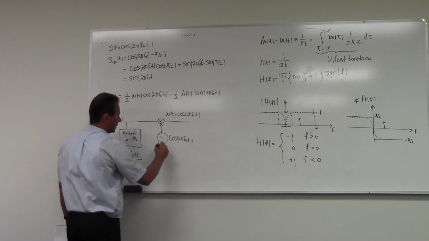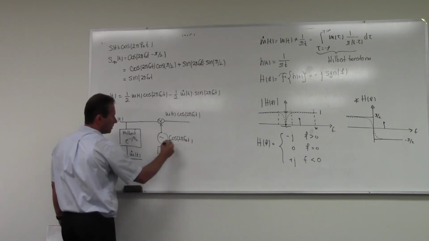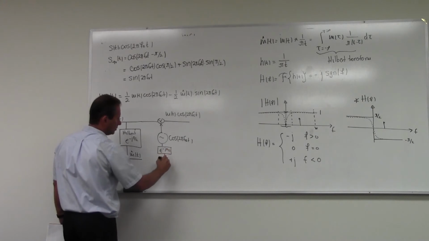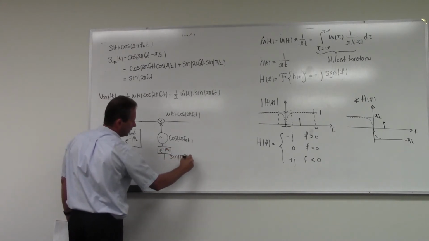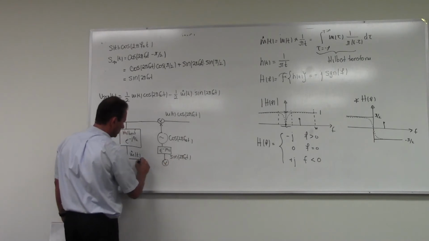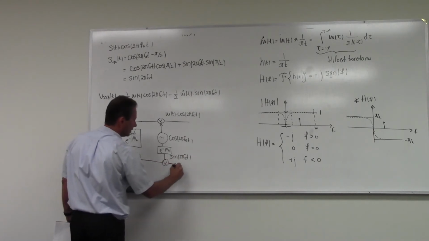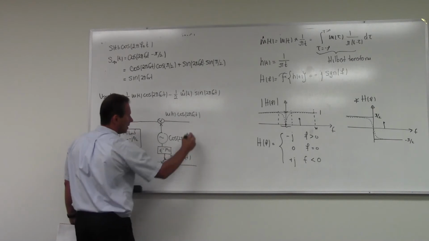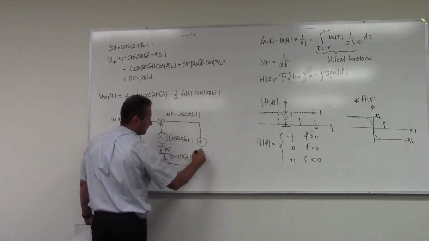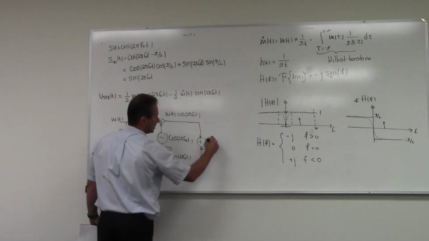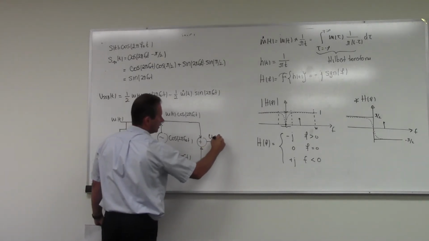Down here, you take the same oscillator and you delay it by pi over 2 to get sine 2 pi f_c t. You use that to modulate your m hat of t, and then you take these two signals, add them together, and this becomes your U single sideband of t.